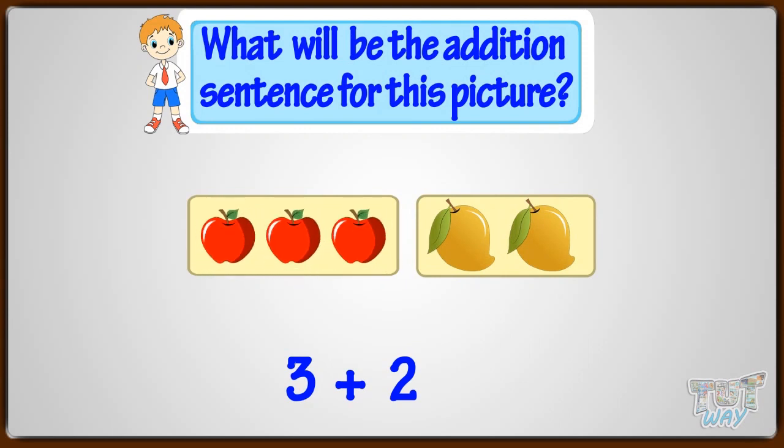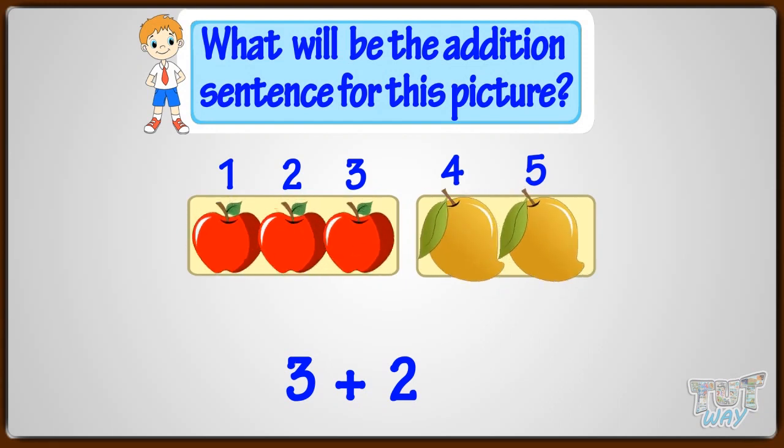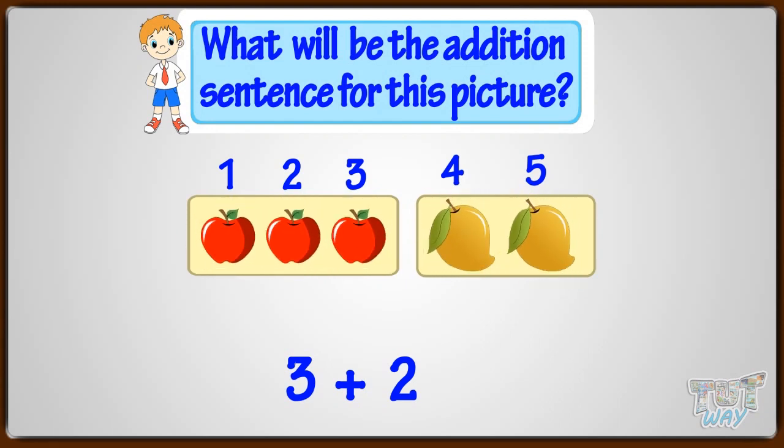You know apples are 3, so count from 4, the mangoes. 4, 5. So the total fruits are 5. Write 3 plus 2 equals 5. And this is our addition sentence for the picture.